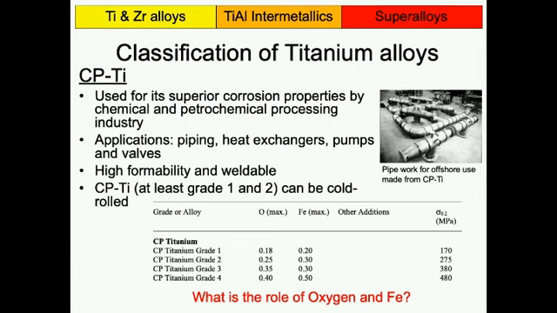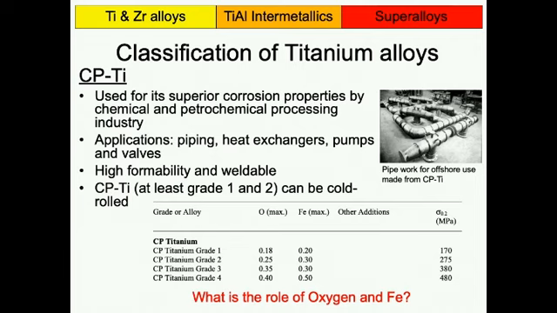Now titanium is not just used because it has the potential of a relatively high strength together with low density, but it's also used because titanium is actually very corrosion resistant, and in fact so is zirconium.